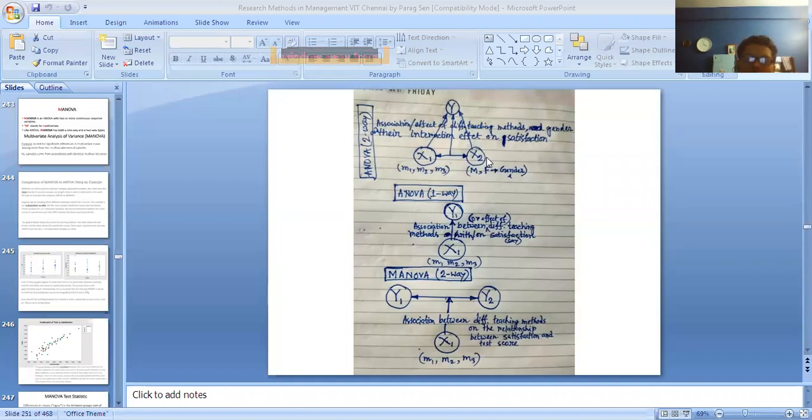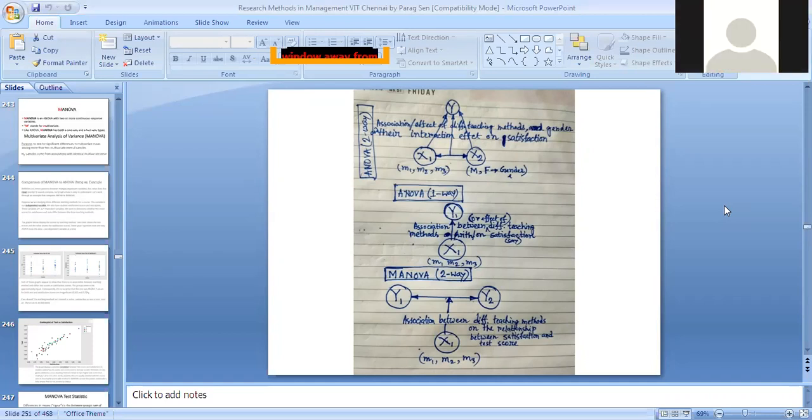But in case of MANOVA, MANOVA means multivariate analysis of variance. Whenever you use the term MANOVA, it starts from two-way MANOVA. That means you will have at least two dependent variables, and there will be one independent variable.